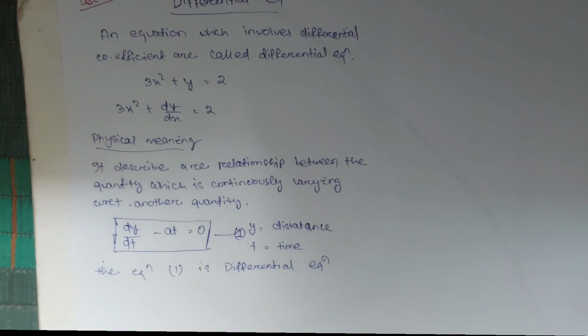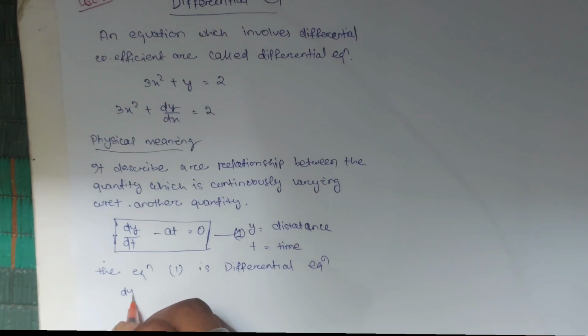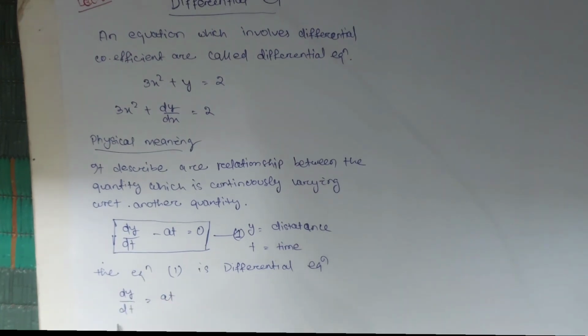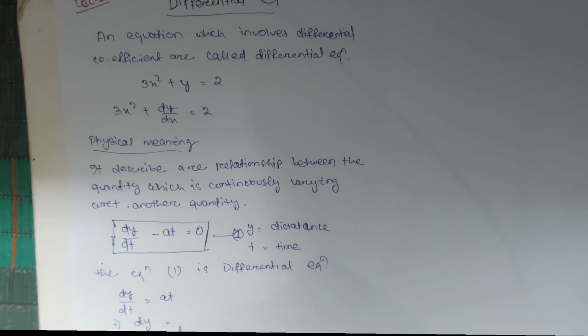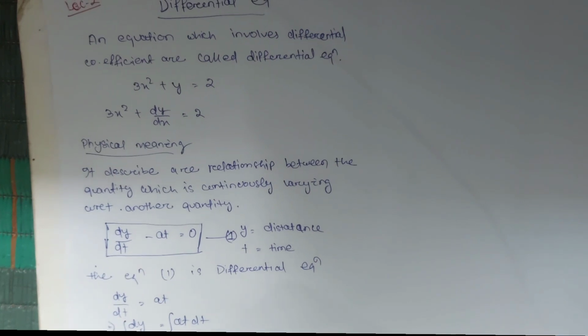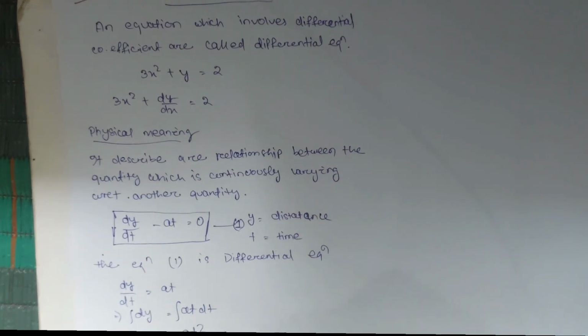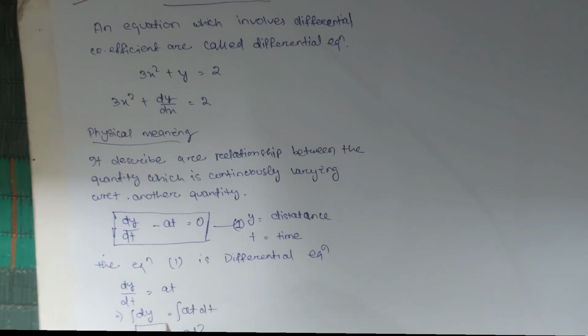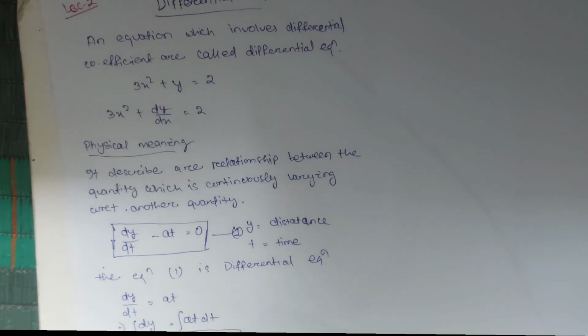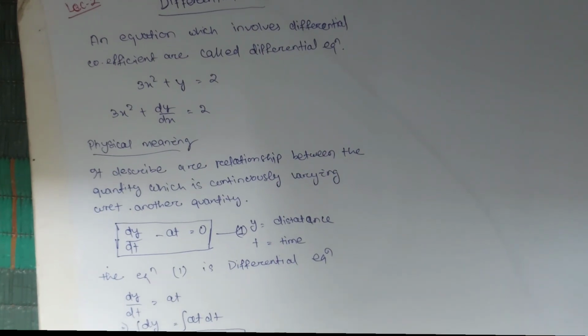If we integrate both sides, we can solve it. Then dy by dt equals at, so dy equals at dt, and integrating both sides, y equals at square by 2 plus c, where c is the constant of integration, and a is the constant which was initially given.